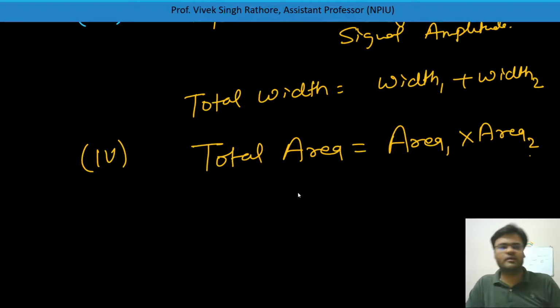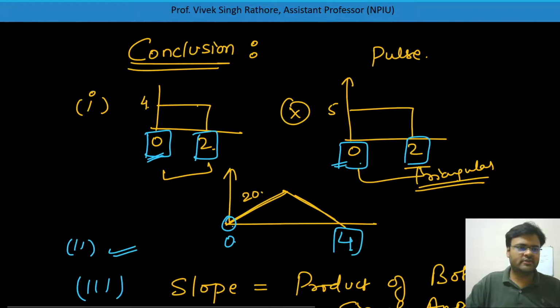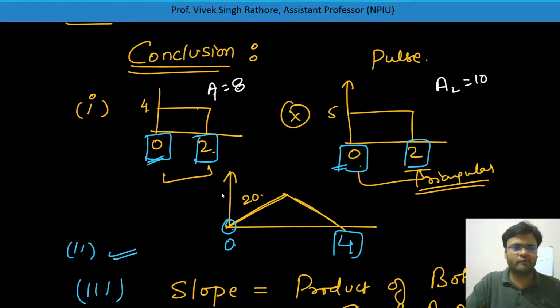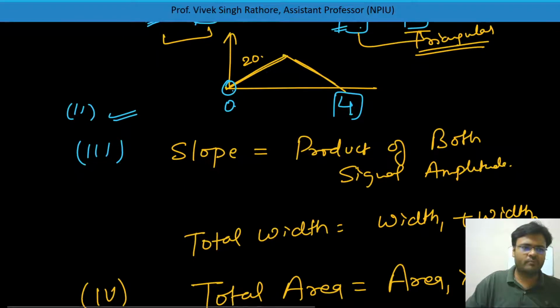Like here, your area is 4 into 2, 8. So here I will write my area will be 8. Here it is 5 into 2, 10, so area 2 will be 10. So what will the total be if you multiply it, 8 into 10, 80. Okay, so let's see the output area.